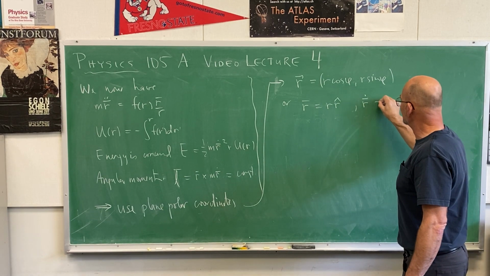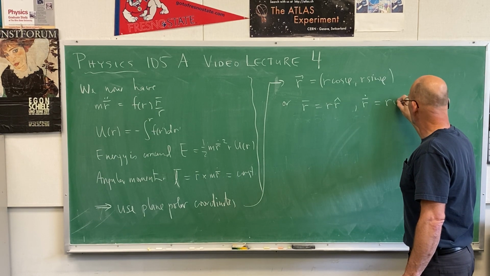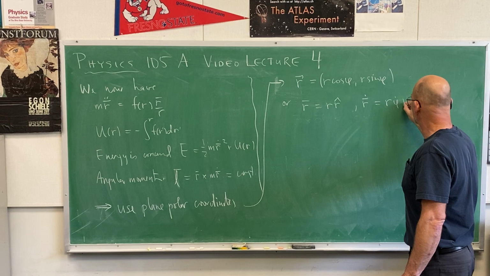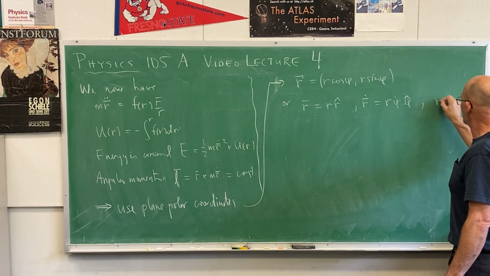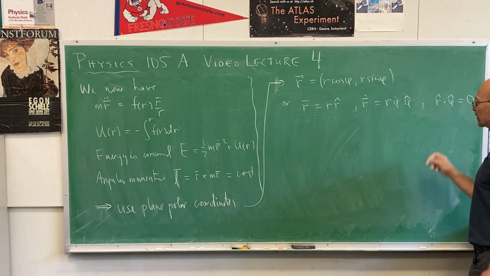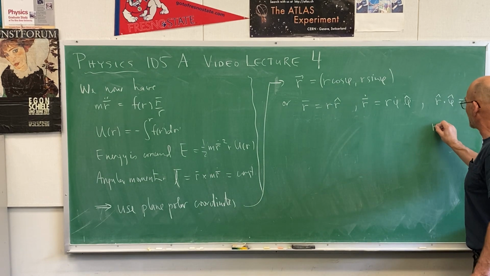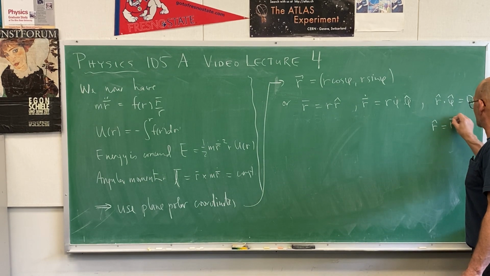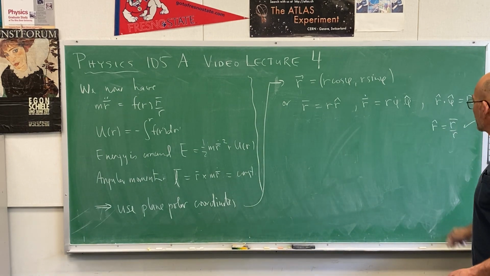r dot is equal to r dot r hat plus r phi dot phi hat. r hat dot phi hat is equal to 0. Remember, these were unit vectors. And yes, this r hat is also this vector that we've been looking at.